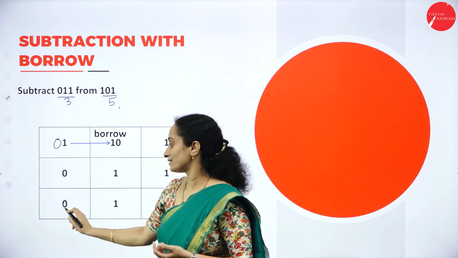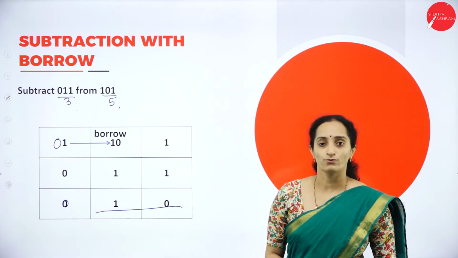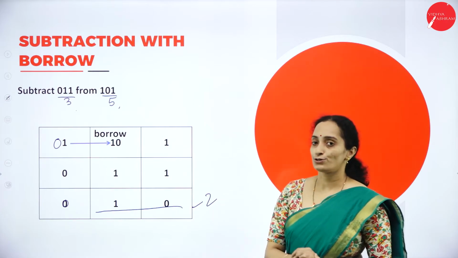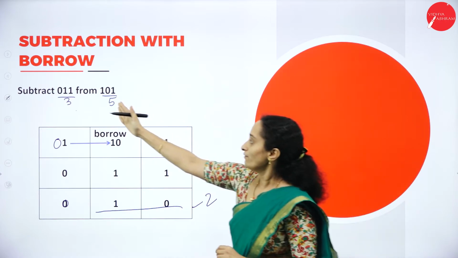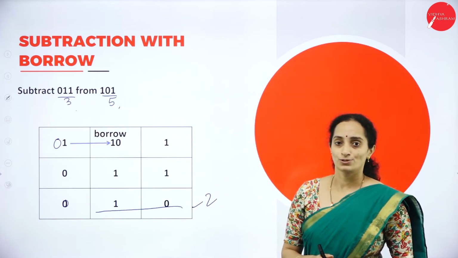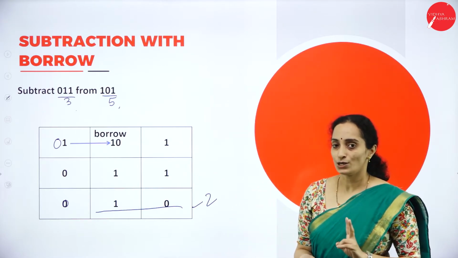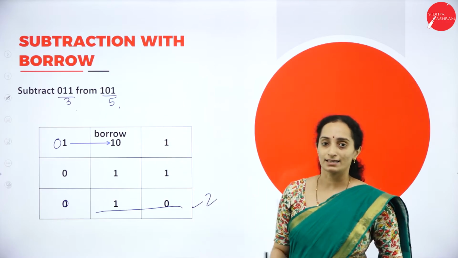So 0 minus 0 is 0. The result is 0, 1, 0, which is the equivalent of 2 in binary. Is it not? So 3 subtracted from 5 will result in 2.